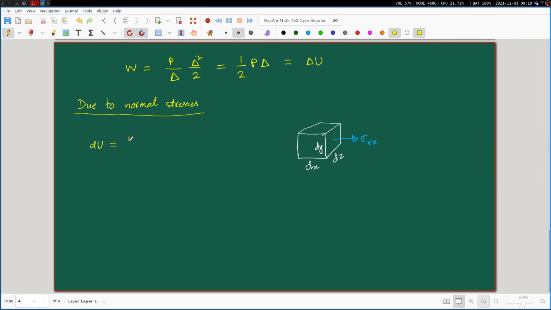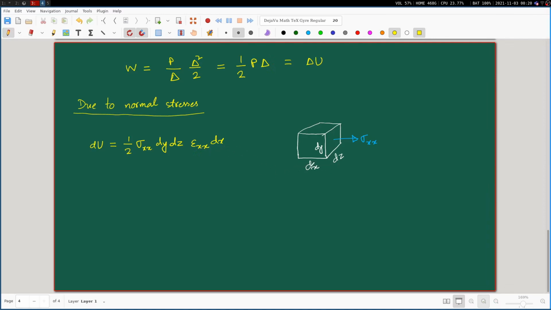So the expression for the force is sigma xx times dy times dz, that multiplied by half gives this as the average force, and that multiplied with epsilon xx times dx, that is corresponding to this delta. So delta is the change in the length, epsilon xx times dx.